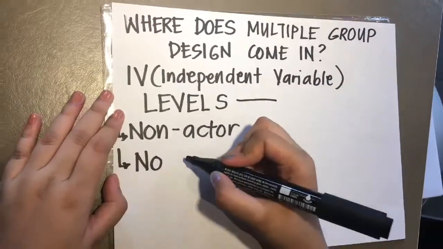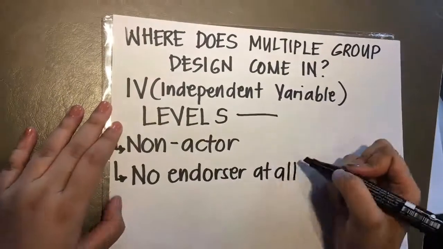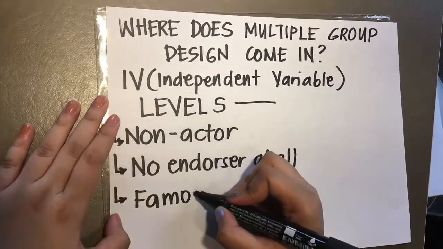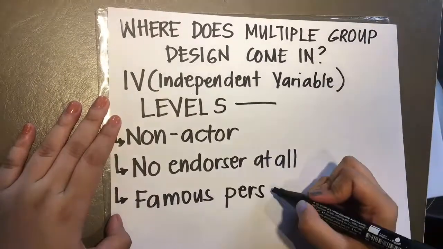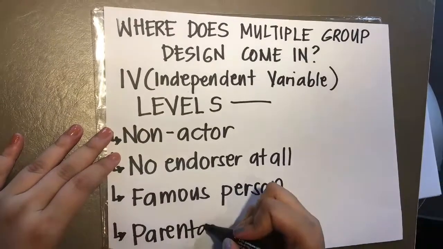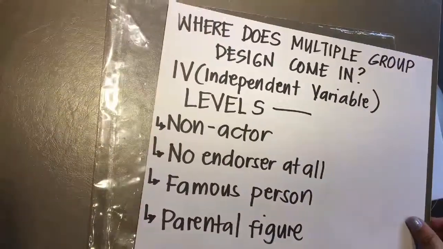The second level would be the no endorser at all. The third level would be hiring the famous actor or actress. And the fourth level would be hiring the parental figure to endorse for.